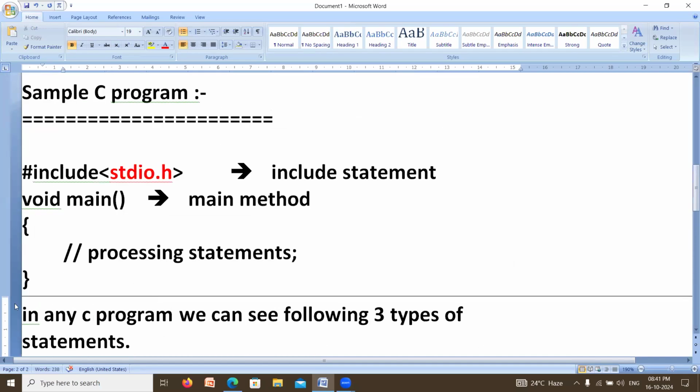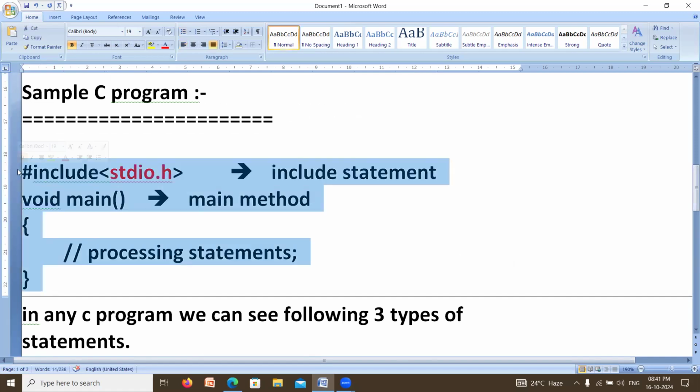I will explain here. Friends, it is the sample program. You write this program in English, am I right? But the computer cannot understand English, no? Computer can understand only zeros and ones, machine language.